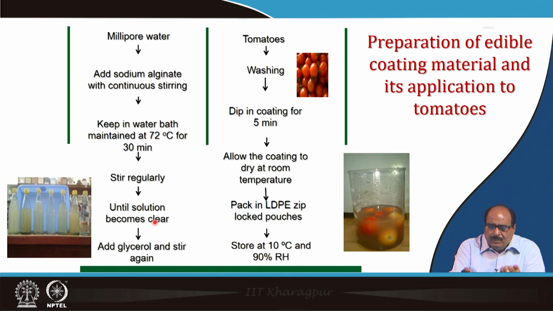These tomatoes are taken, washed, then dipped in the coating material for about 5 minutes, and the coating is allowed to dry at room temperature. Then they are packed in LDPE zip locked pouches and stored at 10 degrees Celsius temperature and 90% relative humidity.